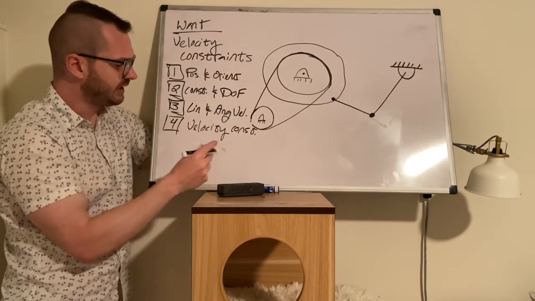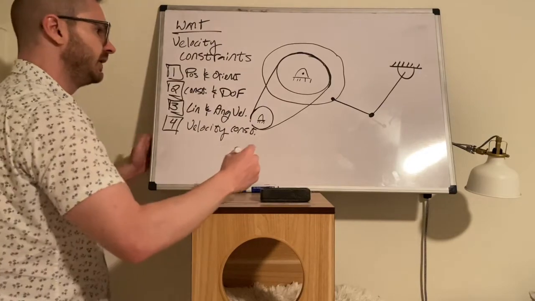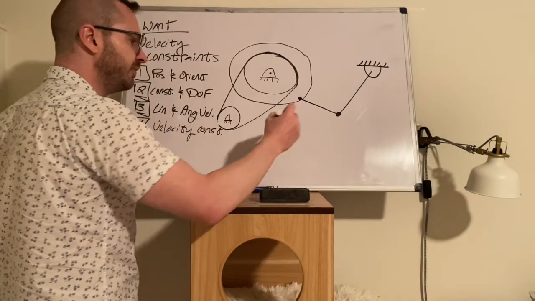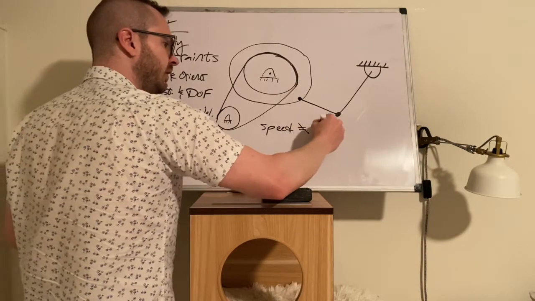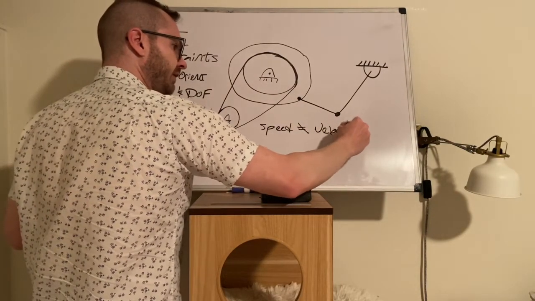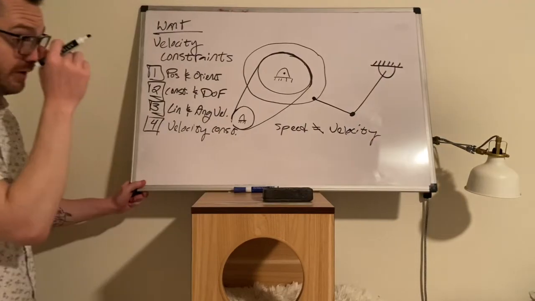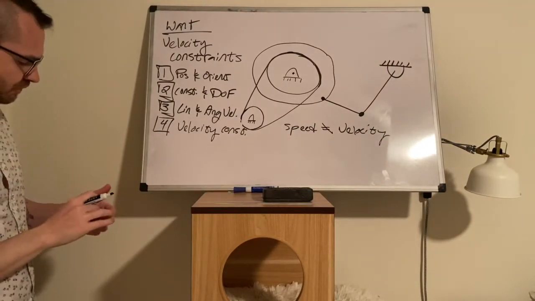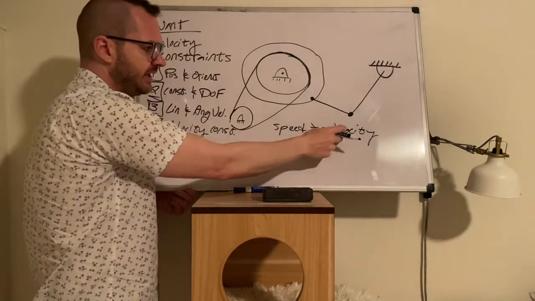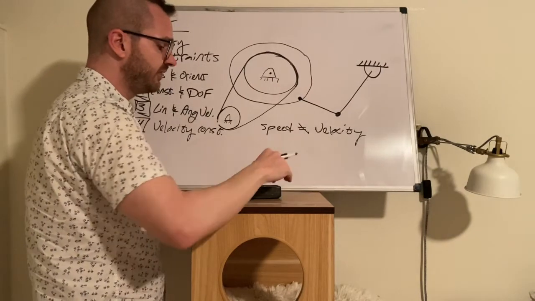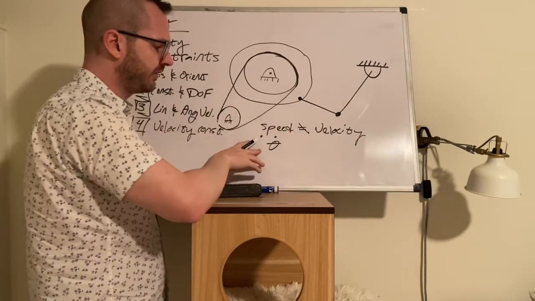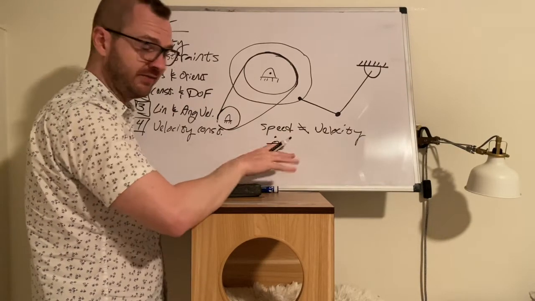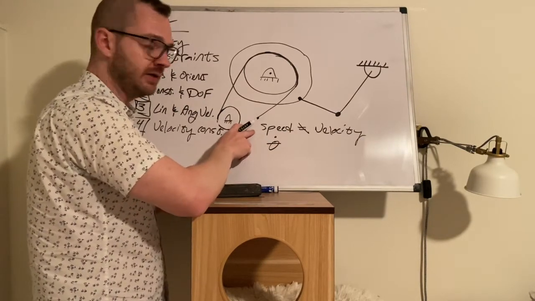Now, when I say speed, the word speed is, in this case, specifically different than velocity. These are not the same thing, speed and velocity. So velocity is a vector and speed is a scalar. We could think of it as, for example, theta dot by itself. Theta dot is a speed.